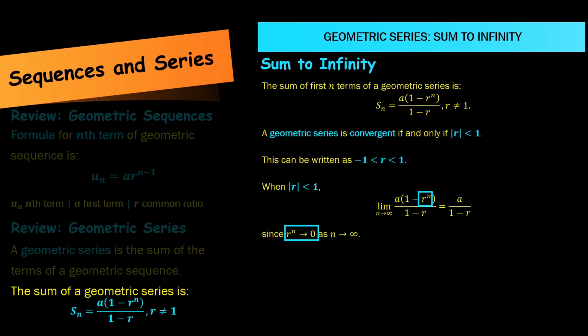And this is because r to the power n, which is less than 1, is tending to 0 as n tends to infinity. So in the numerator, we have that the limit of that is going towards a.